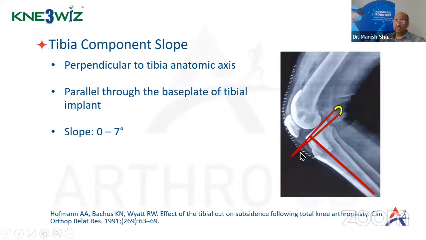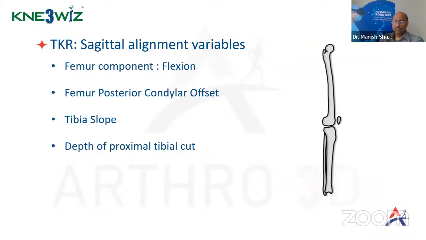You measure the perpendicular to the tibia anatomic axis and the parallel through the base plate of the tibia. Thus, the sagittal alignment variables are femur component flexion, femur posterior condylar offset, tibial slope, and depth of the proximal tibial cut.